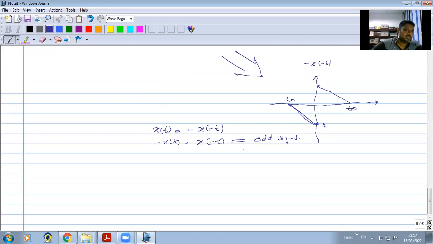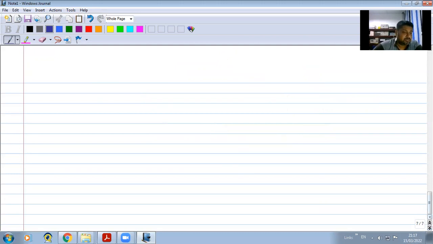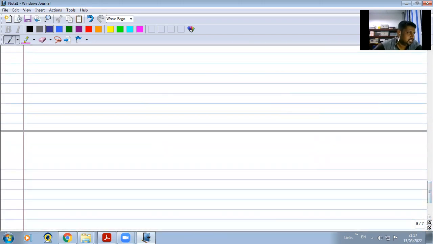Okay, so I hope you can understand what even and odd signals are. The important thing is that any signal x(t) we can express as an even and odd component. Any signal has an even component and an odd component, so that signal will be a collection of that even signal and odd signal. This identity you have to keep in mind. Any signal can be expressed using the even terms and odd terms.